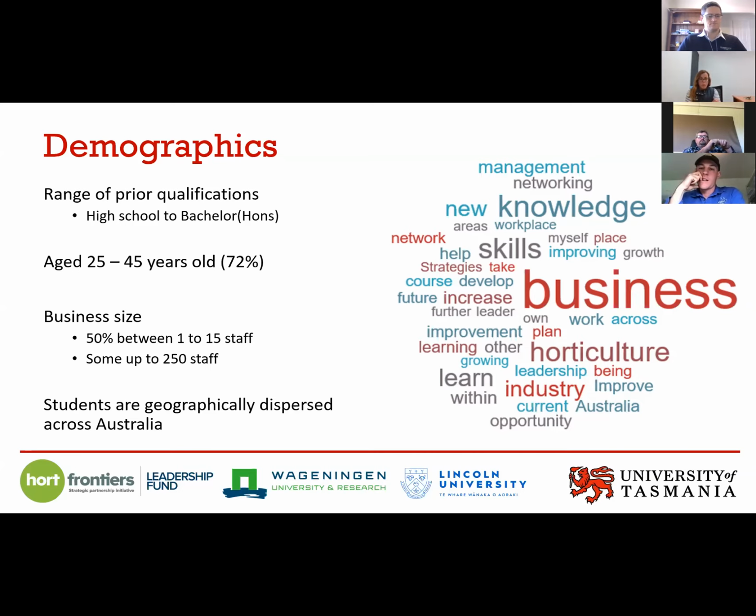They either own a business or work as part of a large business. Or they might be intending to start a business and make an investment in that area. And each year we have people from all across Australia. At the moment, the course is only open to domestic candidates, but the year after next, we'll start opening to international applicants as well.